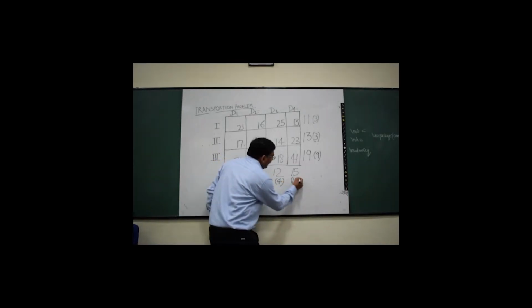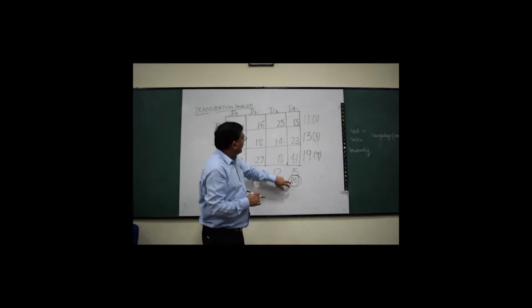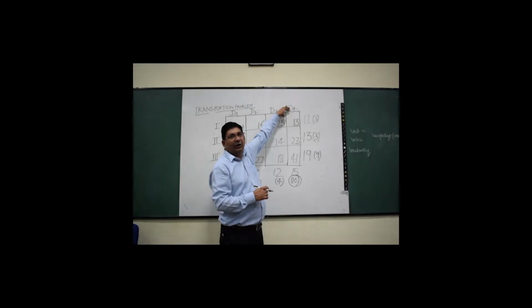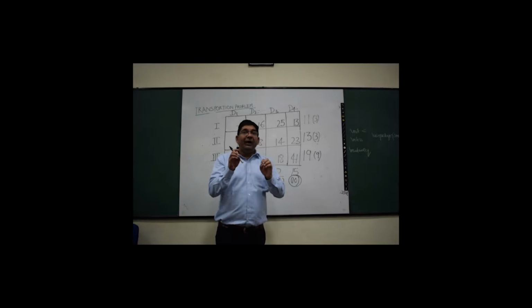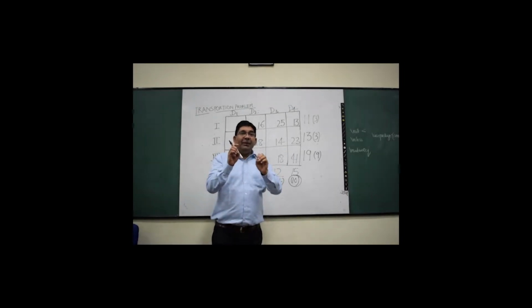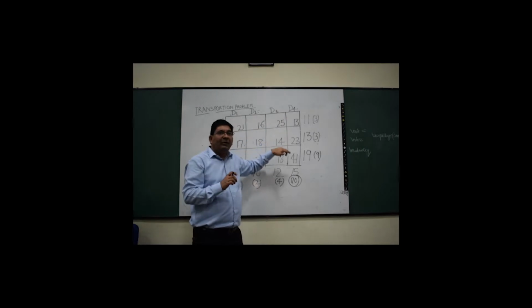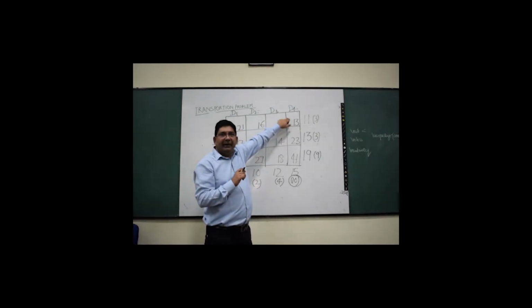We'll encircle this. This corresponds to your fourth destination. We'll find the minimum per unit cost in this column, which is 13.